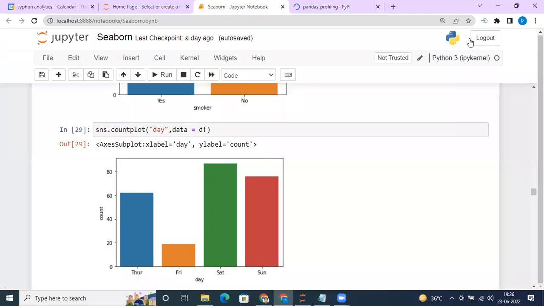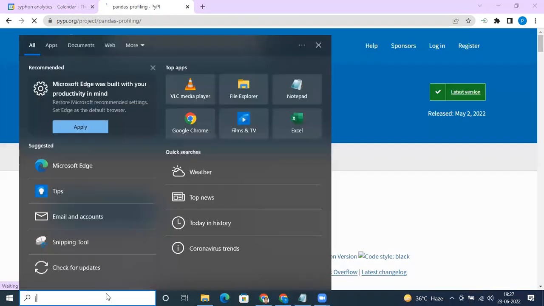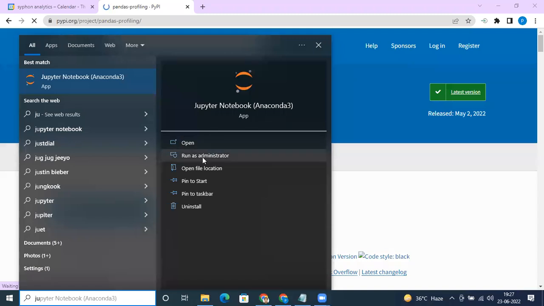Let me do one thing. Let me save it first of all. And stop it, close it, quit, close this, and let me open Jupyter. But this time, let me run as administrator.